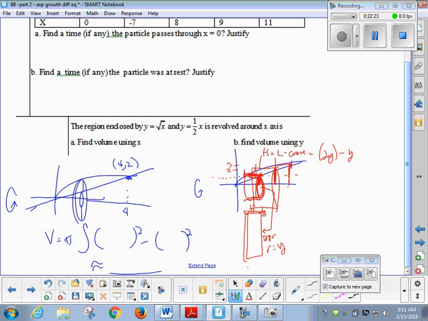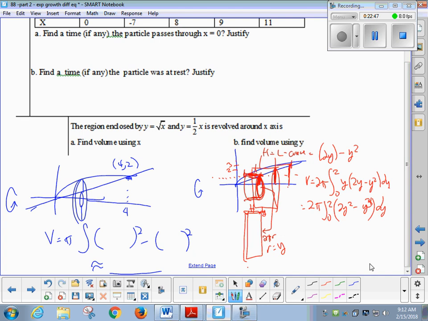If I then set up the integral, it's 2 pi from 0 to 2, because that's the y limits of integration, y times (2y minus y squared). That's 2 pi times the integral of 2y squared minus y to the third, dy.